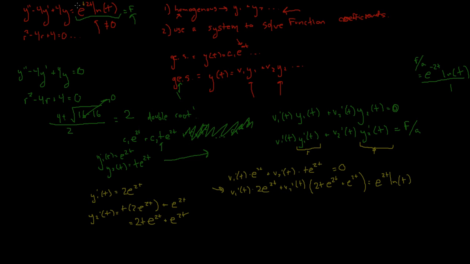We can pull out e to the 2t from everything, and essentially when we do this, you'll be able to see that in the beginning of the question, on the function part, there's usually going to be something here that resembles your second equation in your system, which is great because now we can kill it out of everything.